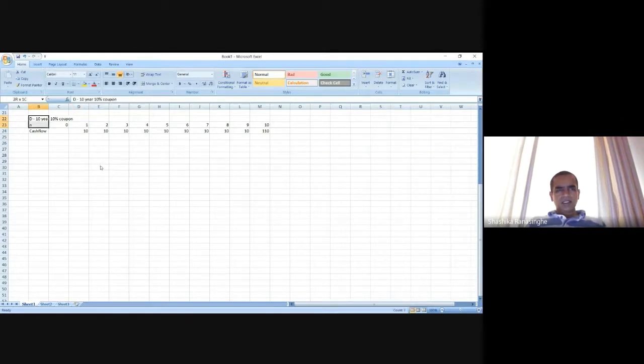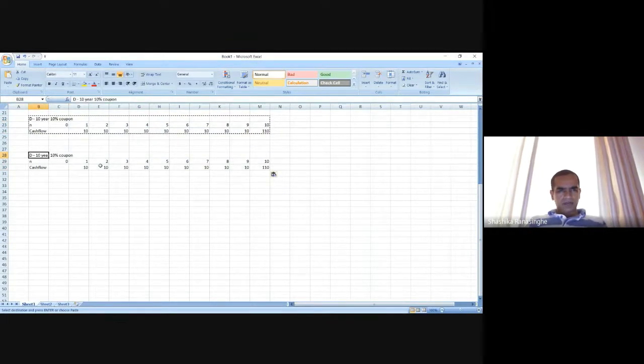And duration is an advanced concept, so I'm trying to simplify this as much as possible, to try and explain using layman language that you will understand. And E is a 10-year bond, 5% coupon.